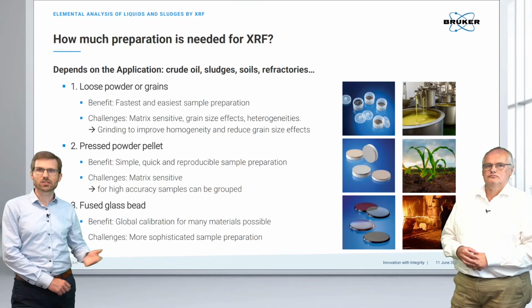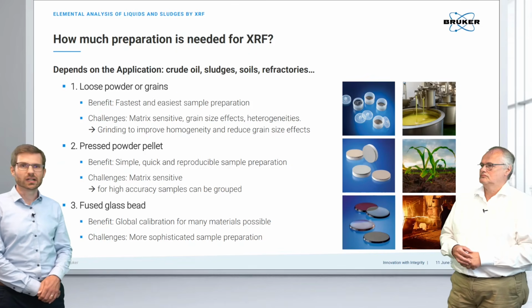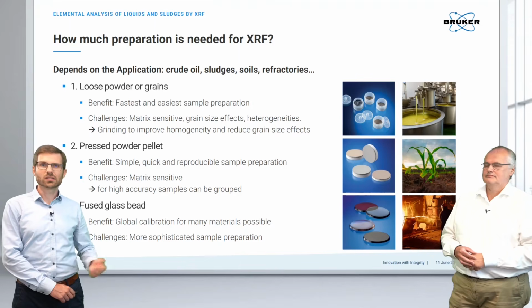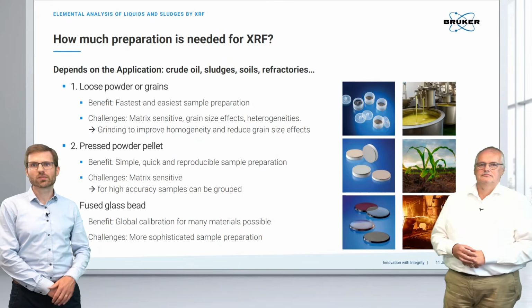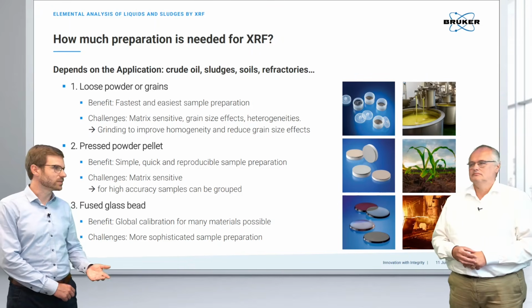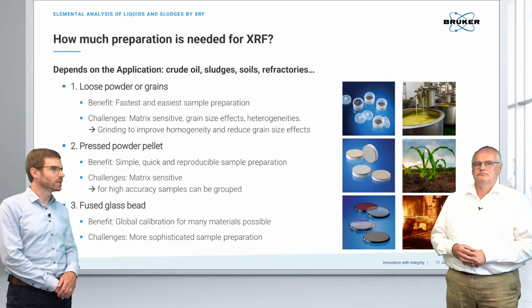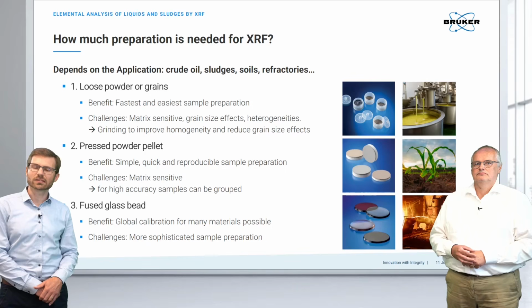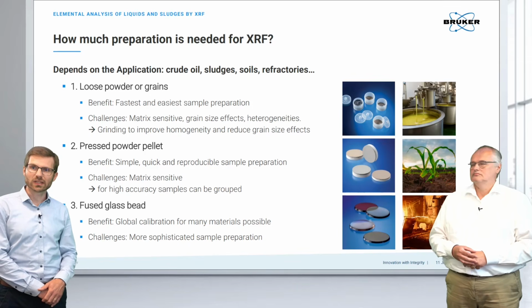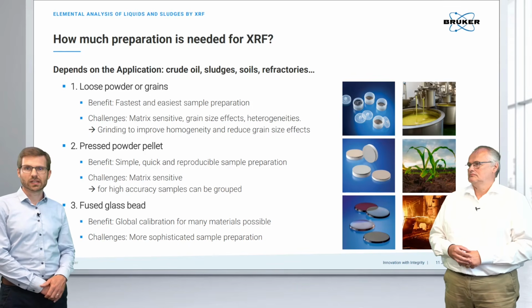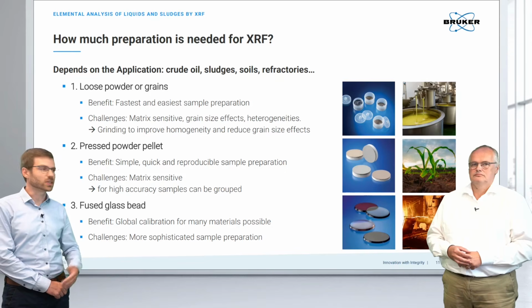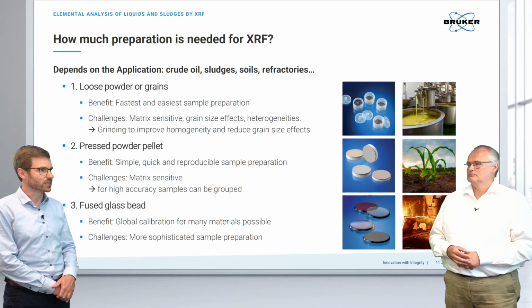As you can imagine, if you start with a material that you put as is into a cup with a thin polymer foil at the bottom, it's the fastest method. But especially if it's a heterogeneous sample, it can be quite challenging to get representative, repeatable data, and also the foil will absorb some of the intensity, especially from the light elements.